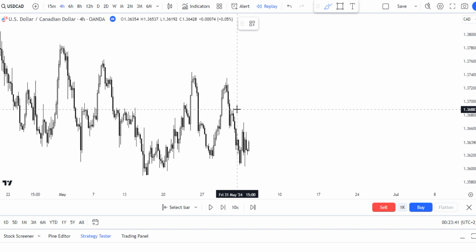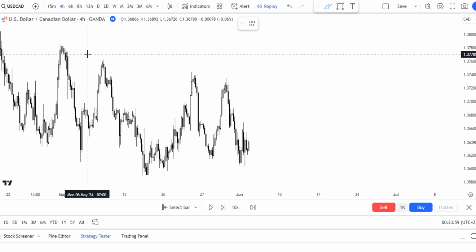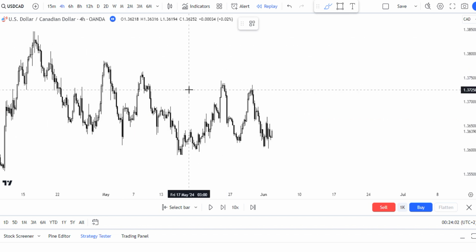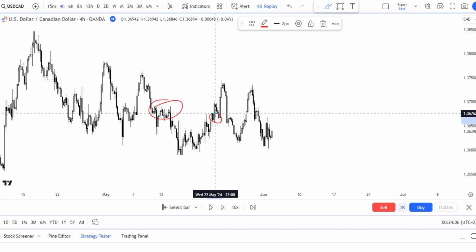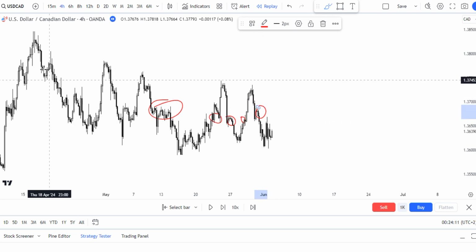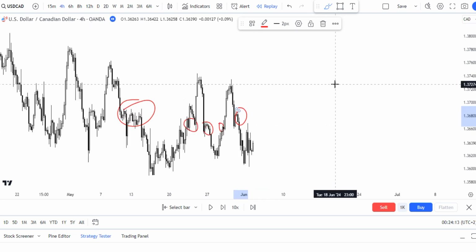All imbalances are created by an impulse, but not all impulses are an order block or an imbalance. For example here, this is an order block, this is an order block, this is an order block, this is an order block. Guys, the market is just full of order blocks.